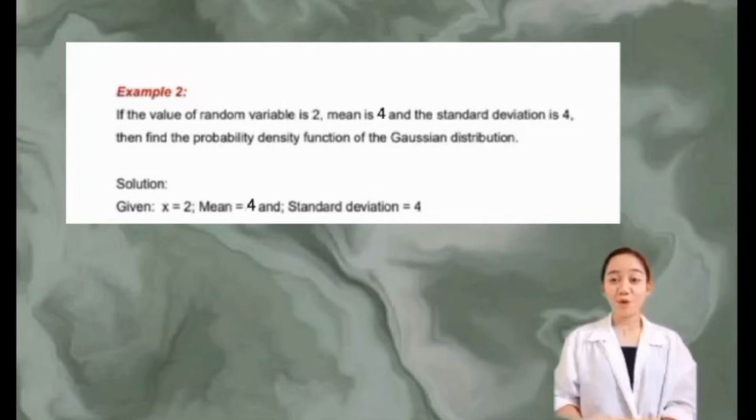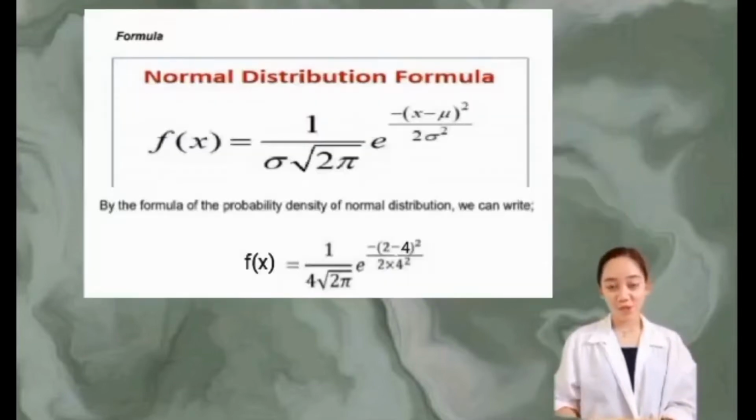Again, using the formula, we can now substitute these values. So, f of x is equal to 1 over 4 times the square root of 2 times pi times e raised to the power of negative the quantity of 2 minus 4 squared over 2 times the quantity of 4 squared.